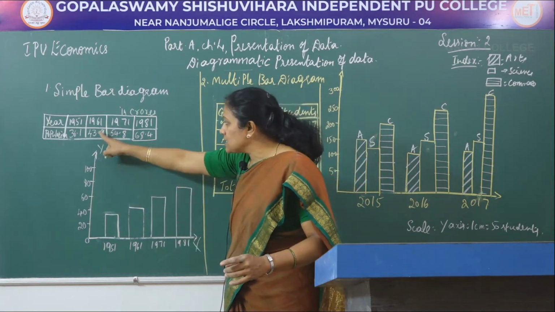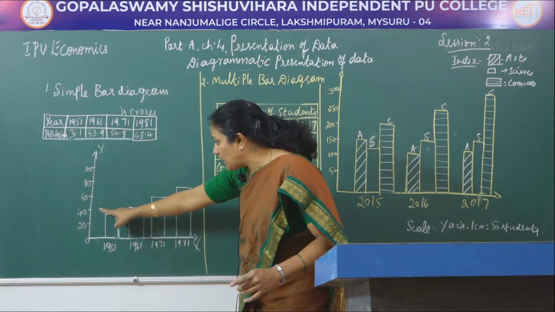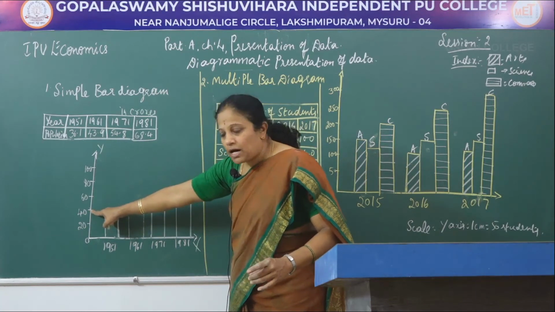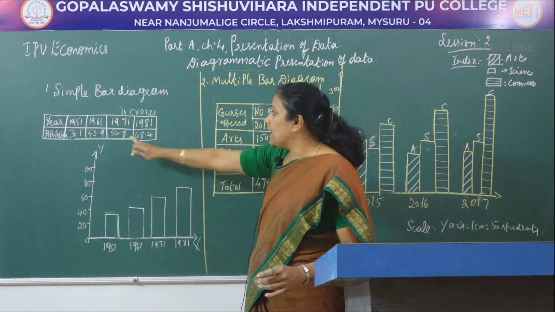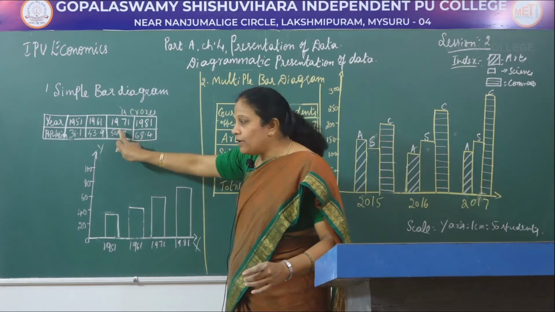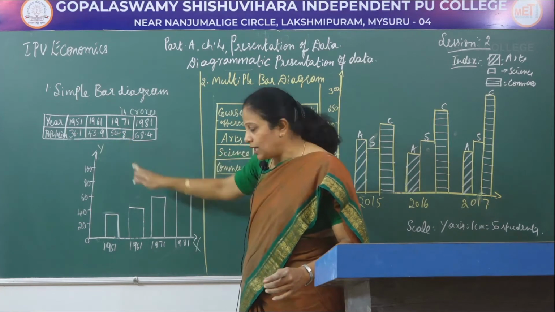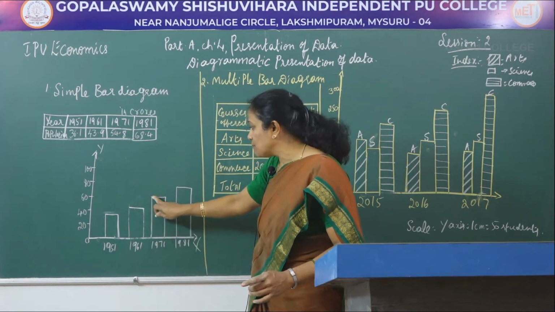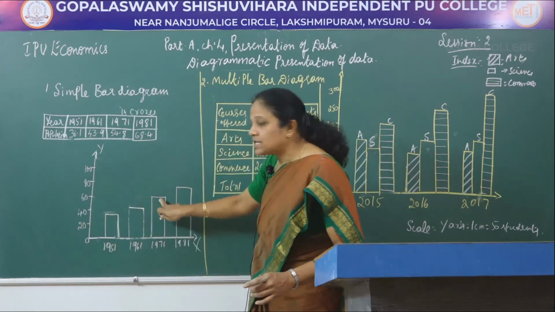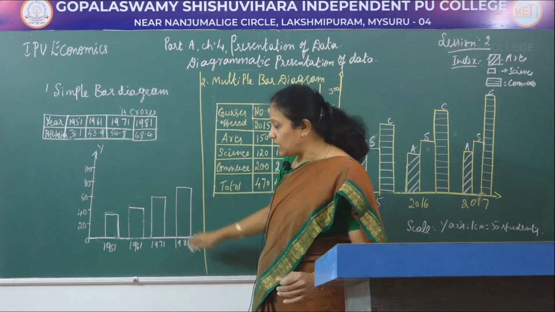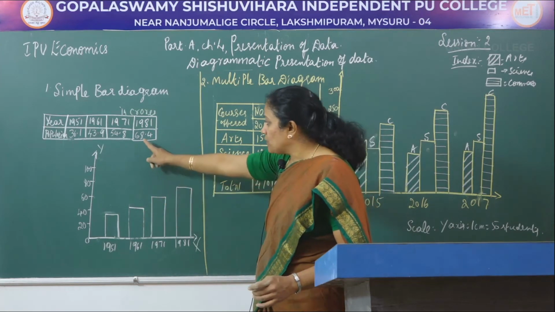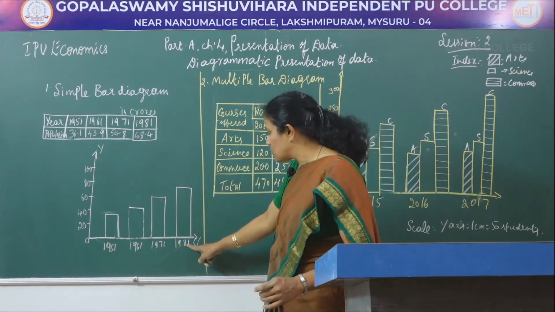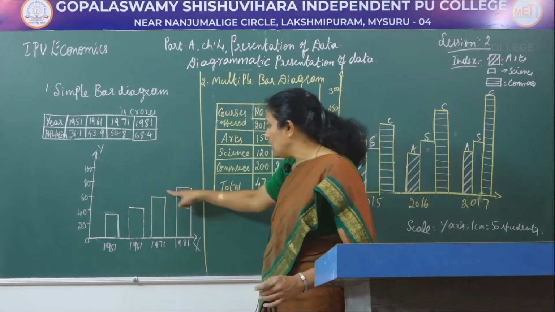In 1961 it was 43.9 and therefore it is marked above 40. In 1971 it is 54.8, so a rectangular bar is marked below 60, and in 1981 it was 68.4 crores and it is marked below 80.